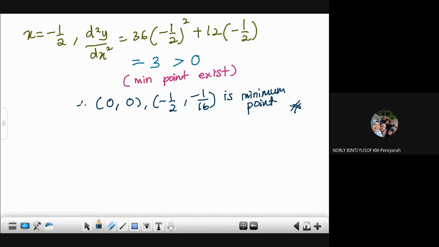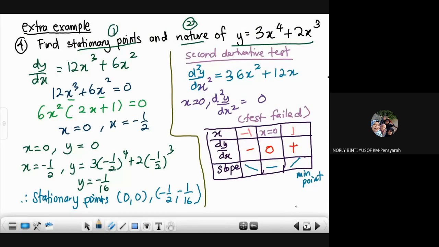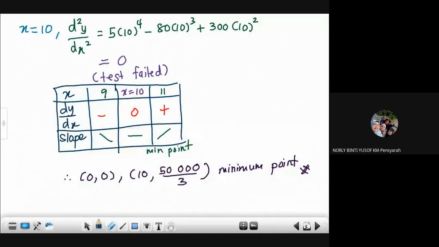Dah, that's all. So nampaklah kat situ kan konsep second derivative test. Kalau you dapat equals to 0 when you sub the value of critical point x, then you have to back to first derivative test. Barulah you dapat tahu nature tu minimum ke maksimum ke. Dalam contoh lecture ni dia test fail dia dapat minimum. Ni pun sama, dia dapat minimum.